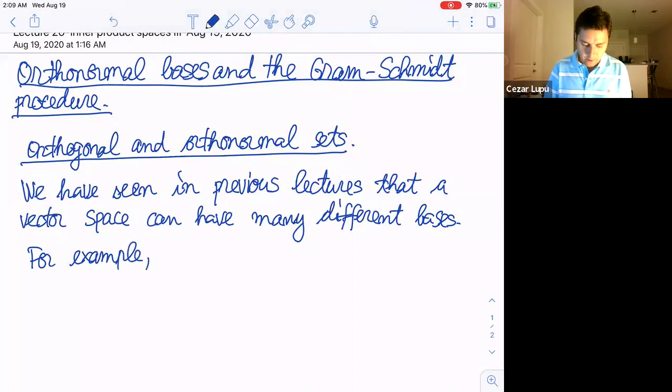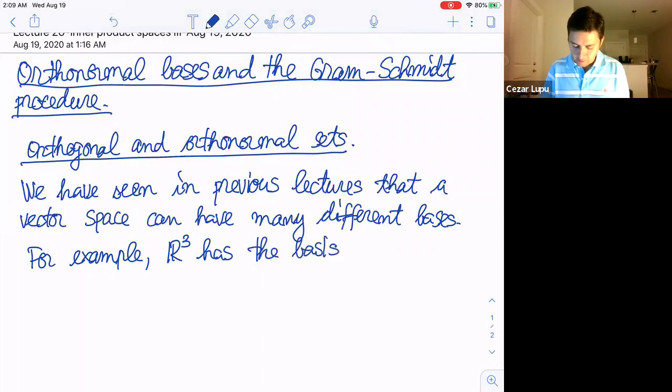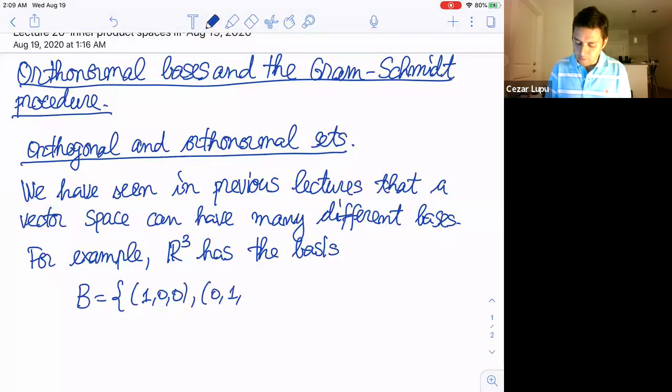let's consider R3. R3, the three-dimensional space, has the basis, and I will write here the standard basis. Let's call this B, and it will be formed by these vectors: 1, 0, 0; 0, 1, 0; and 0, 0, 1.